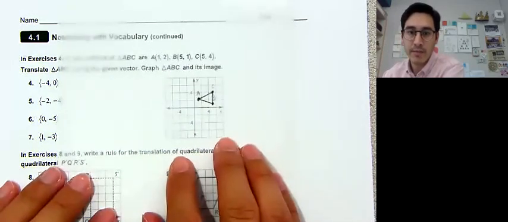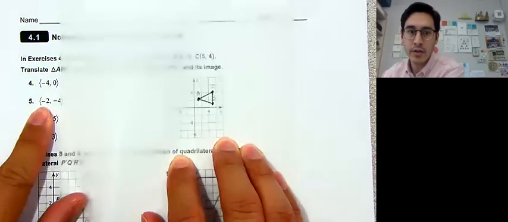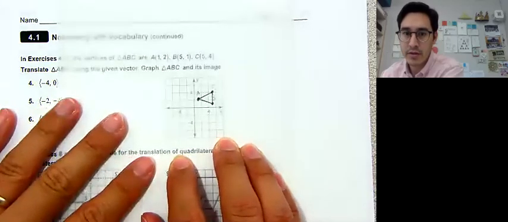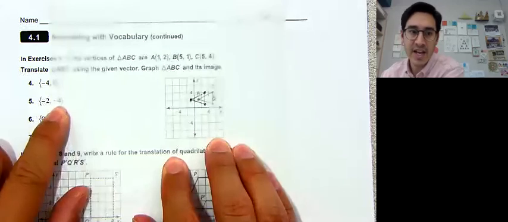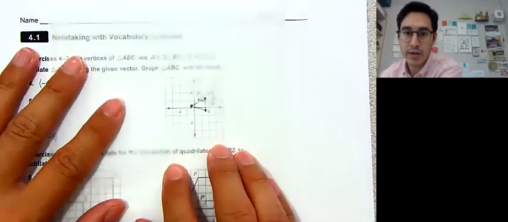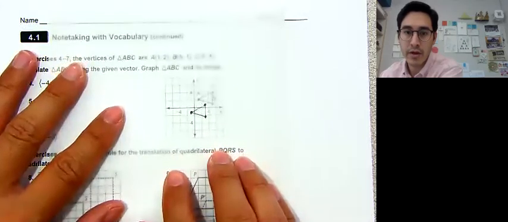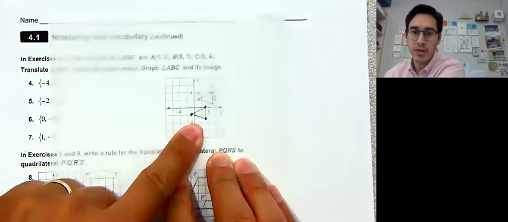Okay, let's reset. This one says -2 for the horizontal component, so that's 1, 2. And then -4 for the vertical component, so 1, 2, 3, and 4. And that would be the new image there.